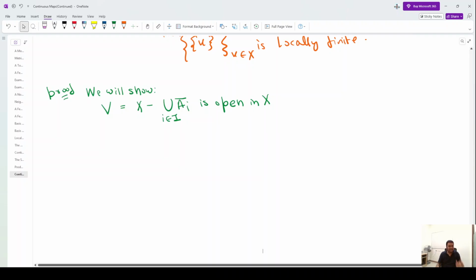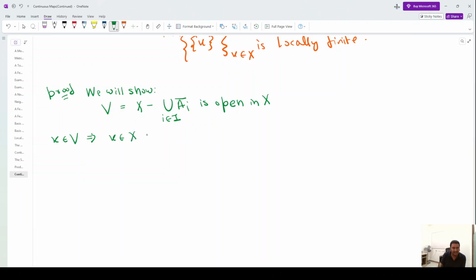So to show something is open, let's take a point inside it. Let x belong to V. What does it mean, guys? x belongs to X minus the union over i in I of the closure of A_i, right?